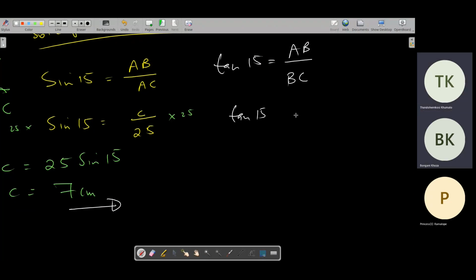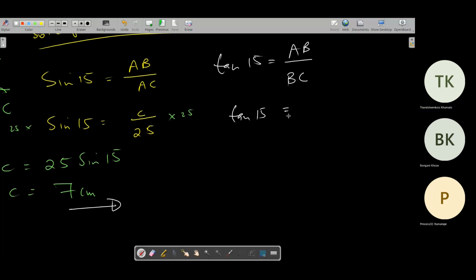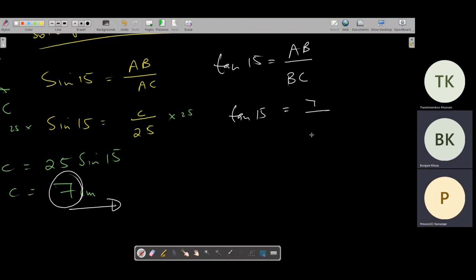What's our value for AB? It was given somewhere. 7 centimeters. 7 over the value for BC, which is A. That's what we are trying to find out.